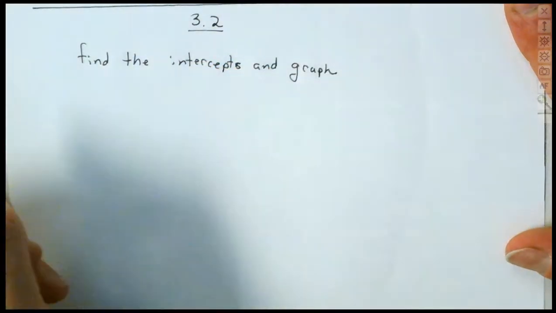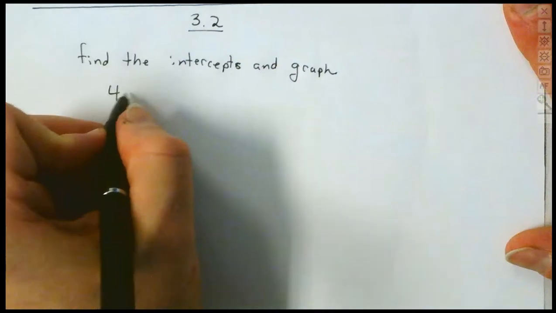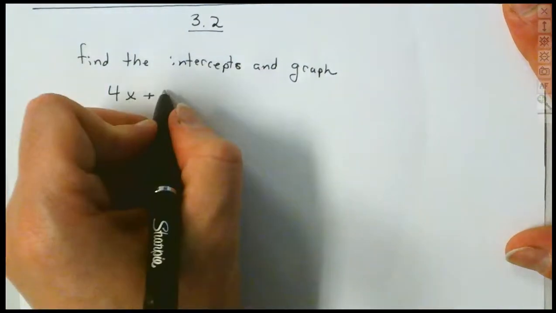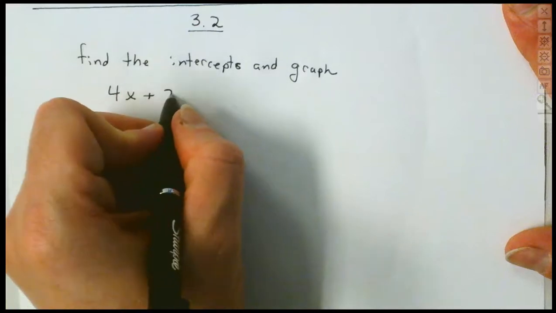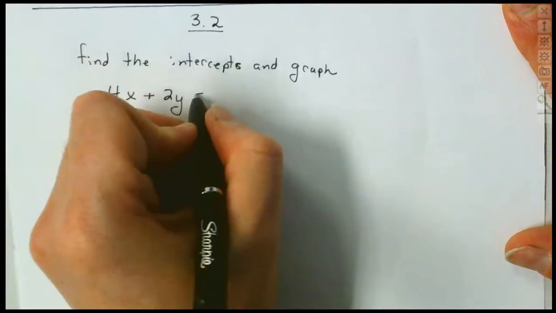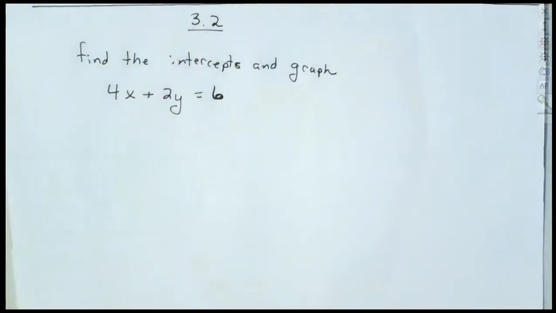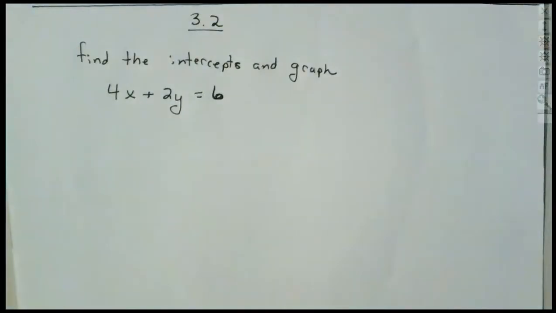I'm going to give you an equation: 4x plus 2y equals 6. Okay, so that's going to be our equation, and I want you to find the intercepts, and I want you to graph this.